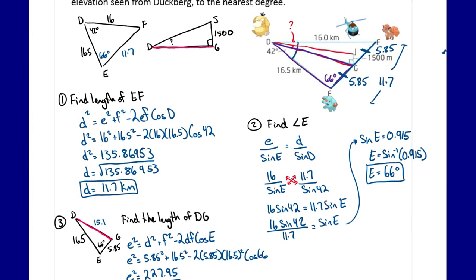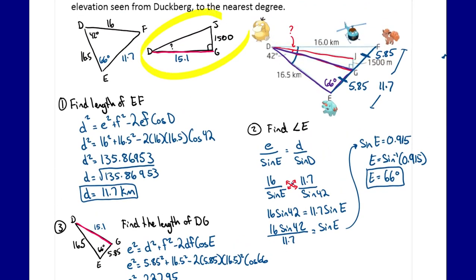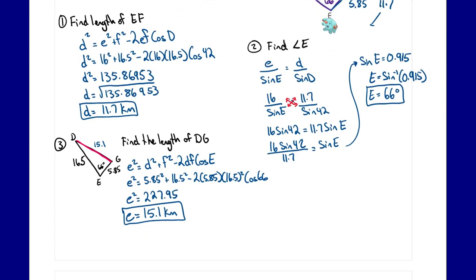I'm going to go back and put it in with this larger triangle, 15.1. Now that I look at that right angle triangle, I have enough information here to find that angle of elevation. So now my final step, step 4.